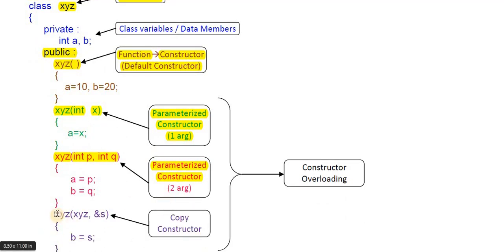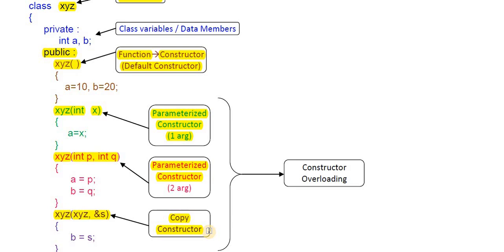Then here another function we are creating having the same name as class XYZ. So this is also a constructor, and here one parameter is there, with an ampersand. Ampersand means this is a copy constructor. So what is a copy constructor? A copy constructor is a type of parameterized constructor.